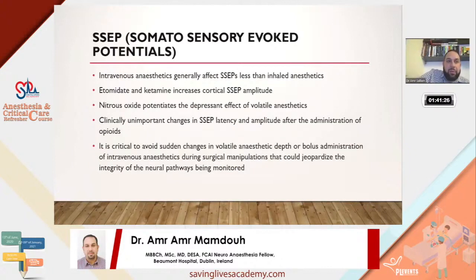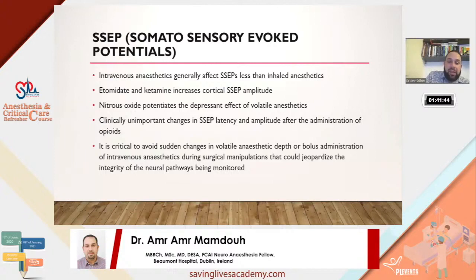If we're still talking about the somatosensory, the intravenous agents generally affect it, but far less. Ketamine and etomidate increase the cortical somatosensory amplitude, while nitrous oxide.